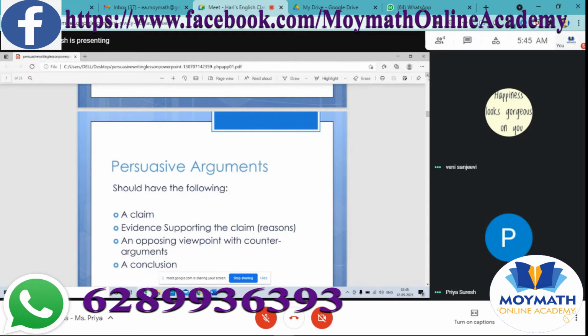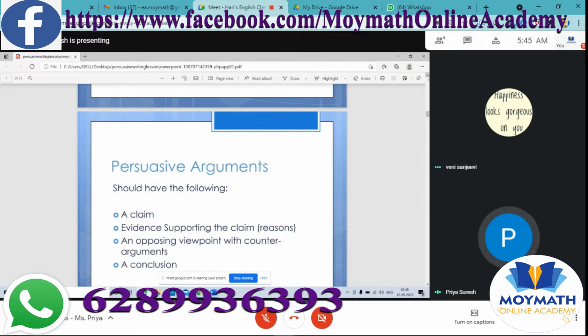Whatever it is, now you should give the evidence supporting the claim. What evidence do you have? You may pick up two or three competitive phones of the same range or the same value, and then compare them, and then give an opposing viewpoint with counter arguments.